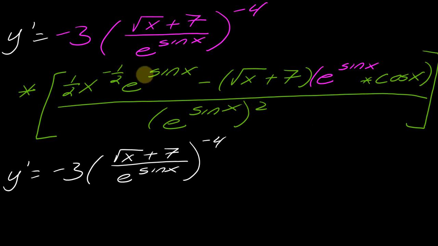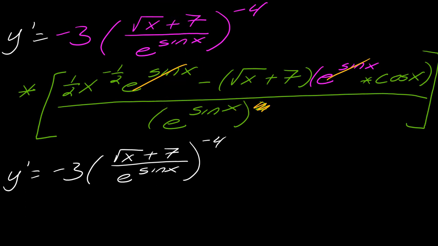As you look across this whole thing, you can cancel out one e to the sine x in all of these. So I'm going to cancel out this one, and this one. Now I'm just left with one e to the sine x.